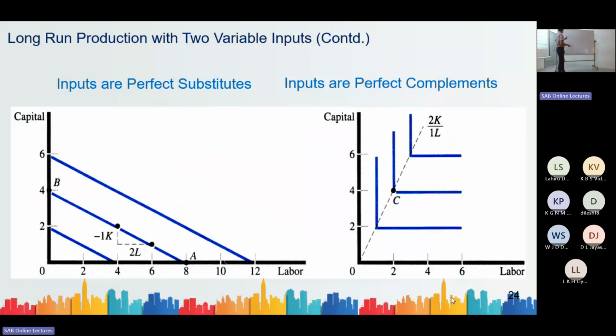The typical shape of an isoquant is this. Typically, an isoquant curve takes a shape like this. So what is this shape? It is convex to the origin.